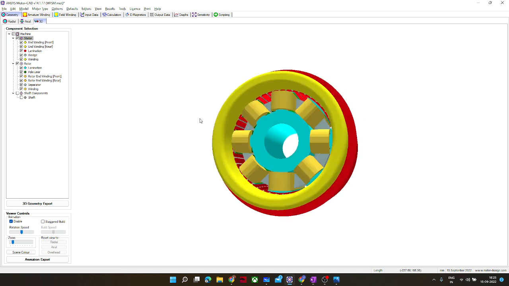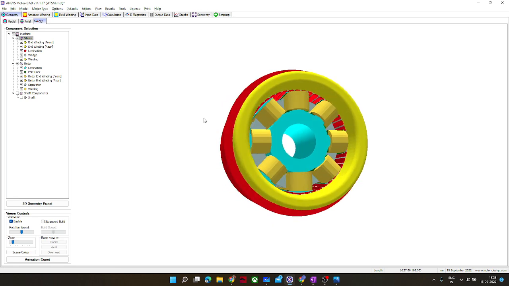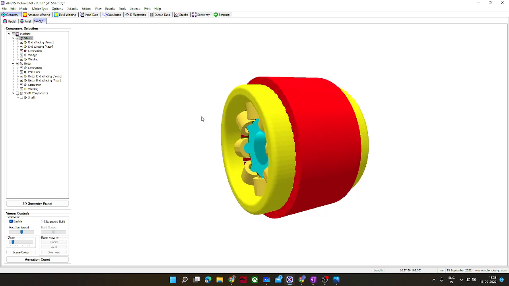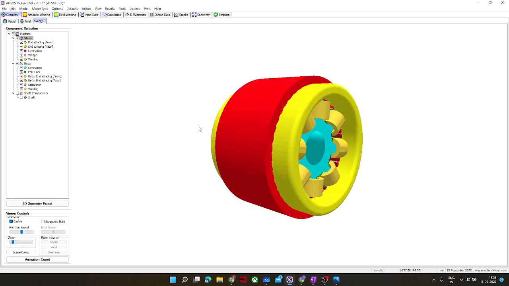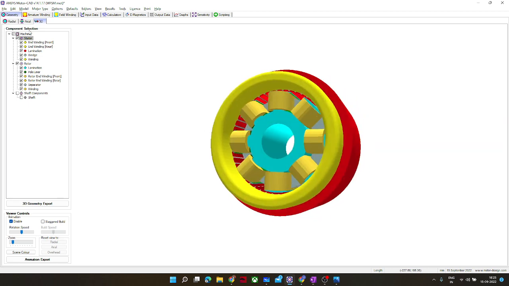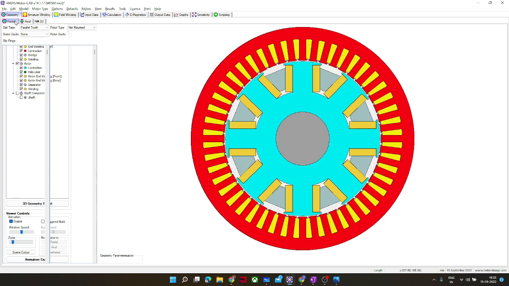So this is a typical wound field synchronous motor, which you study and get thorough with. Okay? So I guess that's all about it.